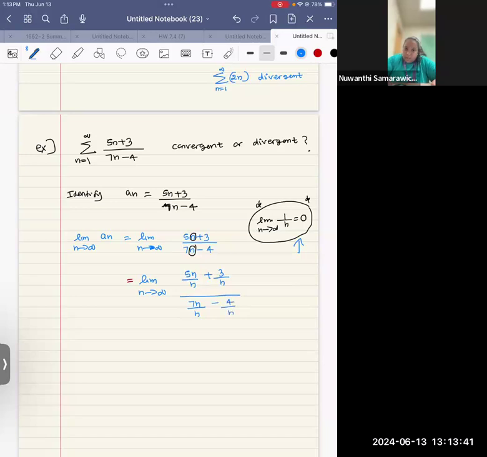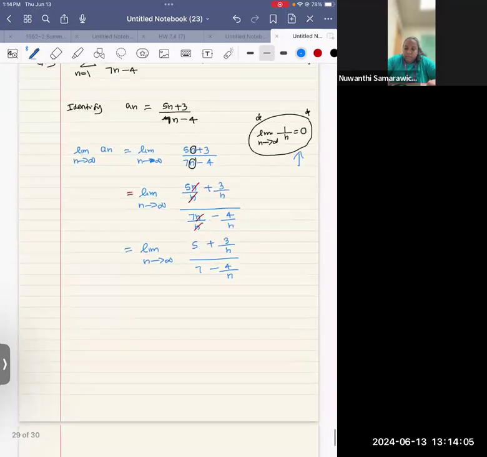Now this is limits, not convergence or divergence. This is limit knowledge. Whenever you divide all the terms by n, these get cancelled, so you will have the limit as n approaches infinity of 5 plus 3 over n, over 7 minus 4 over n.